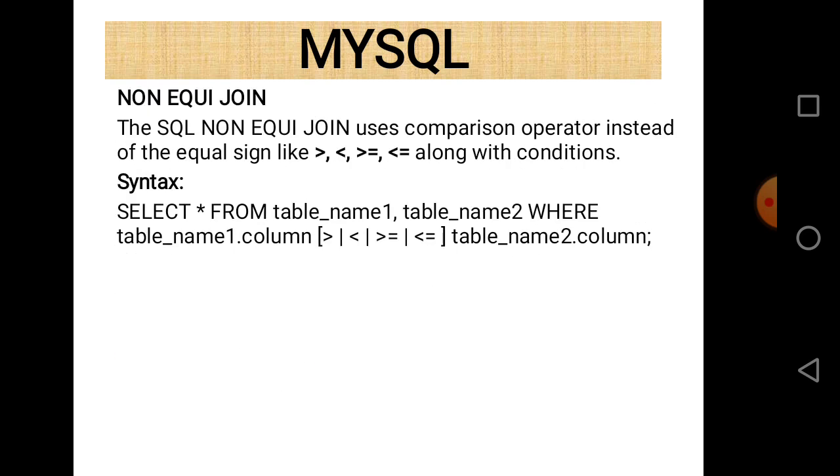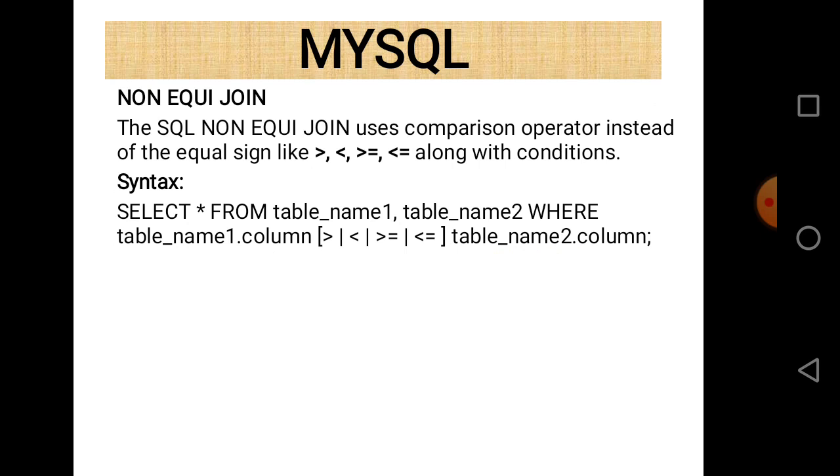First, differentiate. If you have to differentiate between an equi join and non-equi join, the difference is that in non-equi join, less than, greater than, less than or equal to, not equal to, operators other than the equal operator are used as comparison operators.